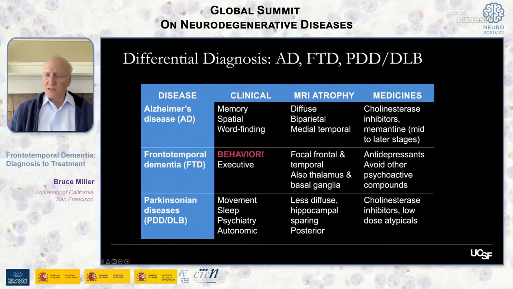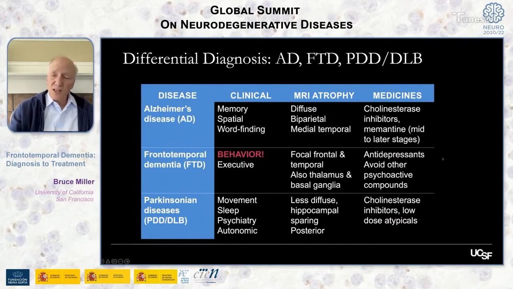Images of these patients are often diagnostic to you clinicians at the bedside. You will see focal frontal and temporal atrophy, as well as atrophy in the thalamus and basal ganglia. The only exception to this are patients in whom there is concomitant ALS. In those cases, the atrophy may be slightly more subtle.